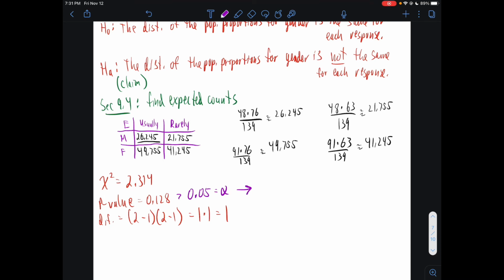If it's greater than our level of significance, then we fail to reject the null hypothesis. And this also means the data does not support the alternative hypothesis.